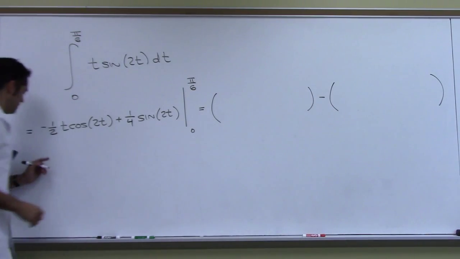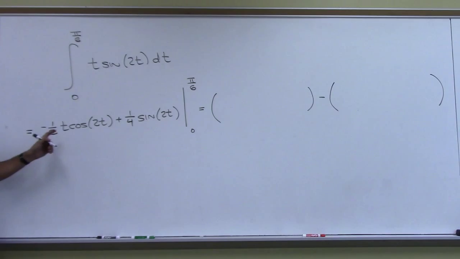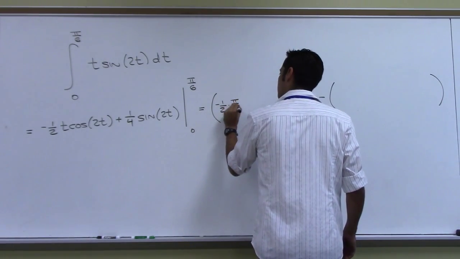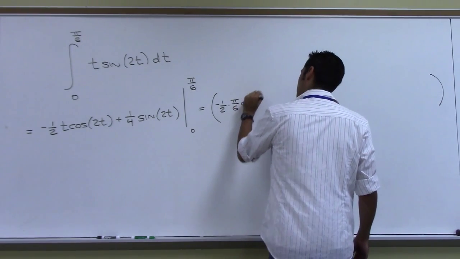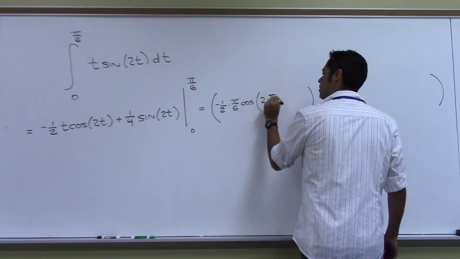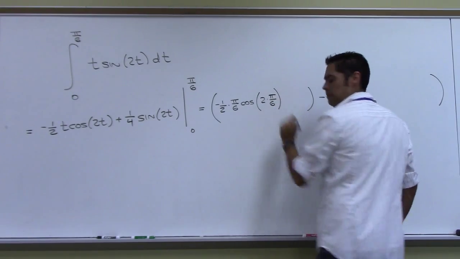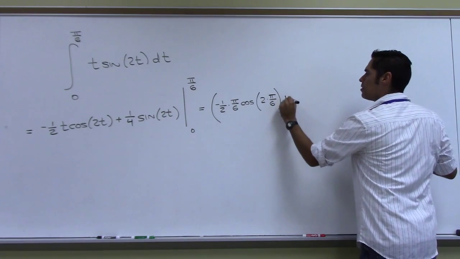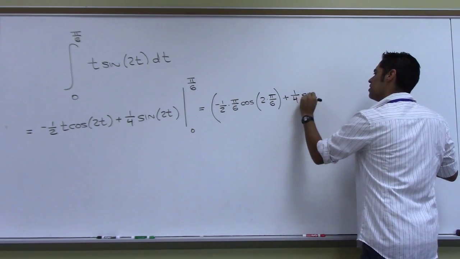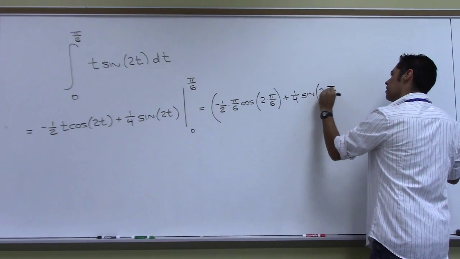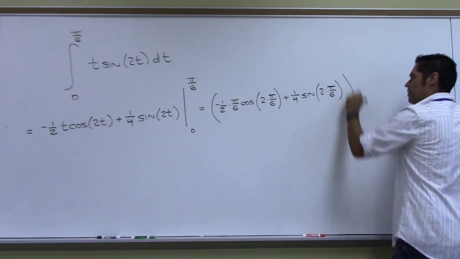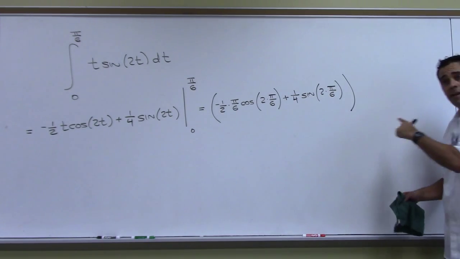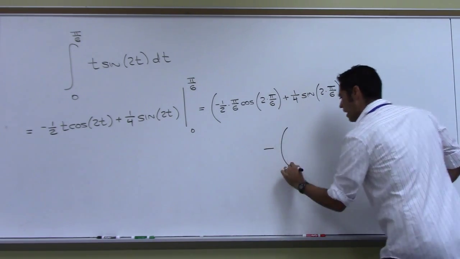All right. Negative 1/2 times pi over 6, cosine of 2 times pi over 6, and I'm not going to have enough room, plus 1/4 sine of 2 times pi over 6. That's what I get when I plug in pi over 6. Minus what I get when I plug in 0.